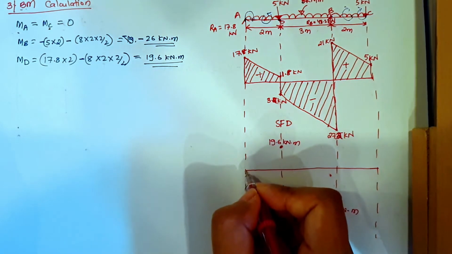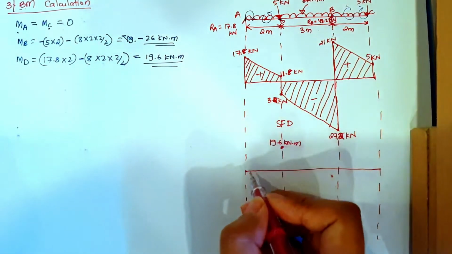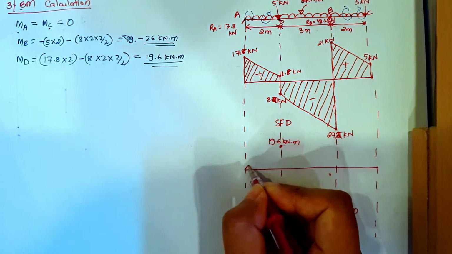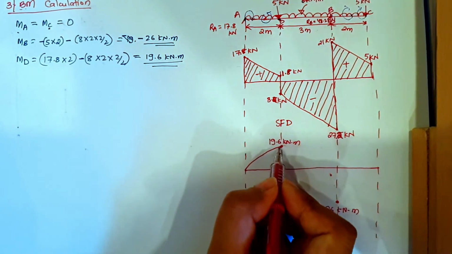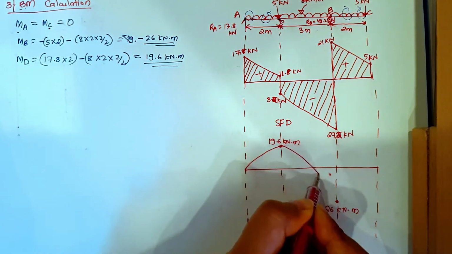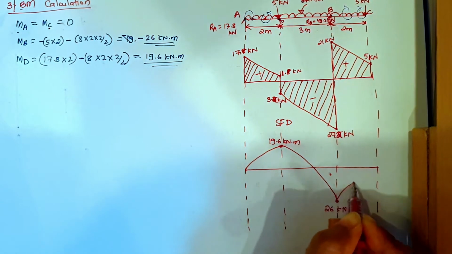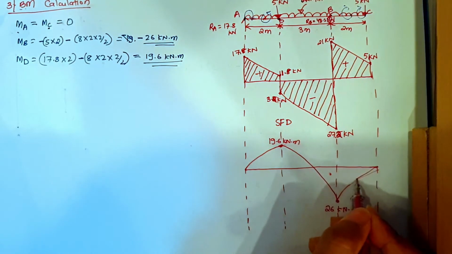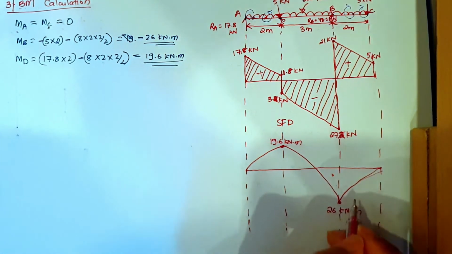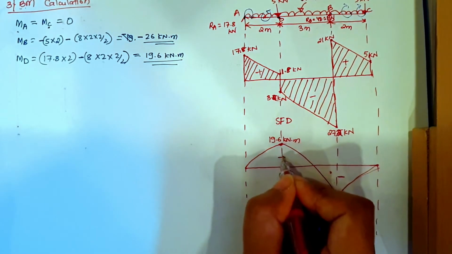Now it will be a parabola because we have a UDL acting, so make it a parabola. From here it will be joining like this. Okay, so here it is 0, so I have negative and positive.